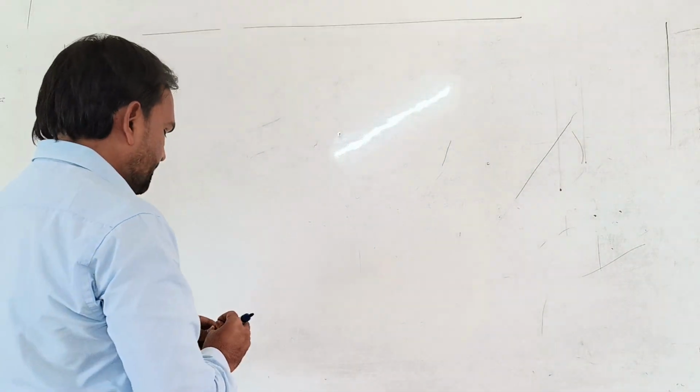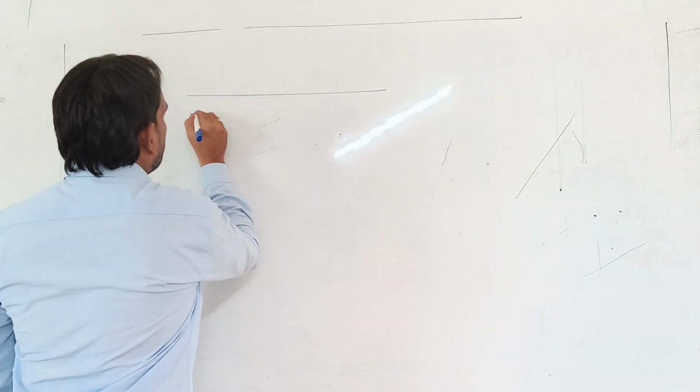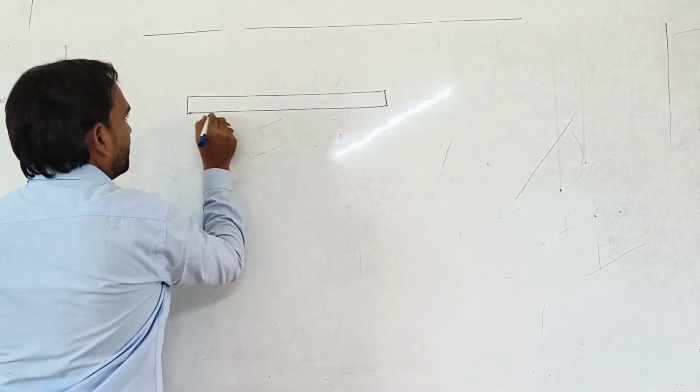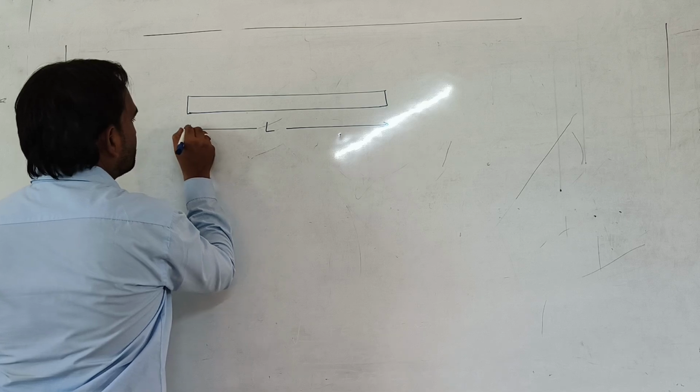First of all, we take a rod of length L. Length L is here.